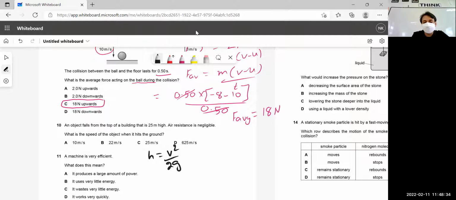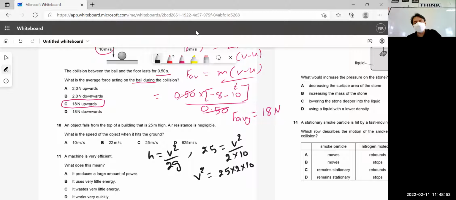Then height is given as 25, equal to v square divided by 2 into 10. This v square is equal to 25 into 2 into 10. If you multiply 25 by 2, that is 50, and 50 multiplied by 10 is 500.